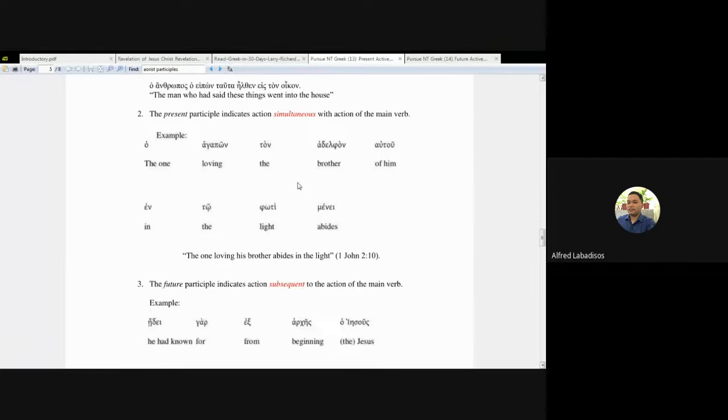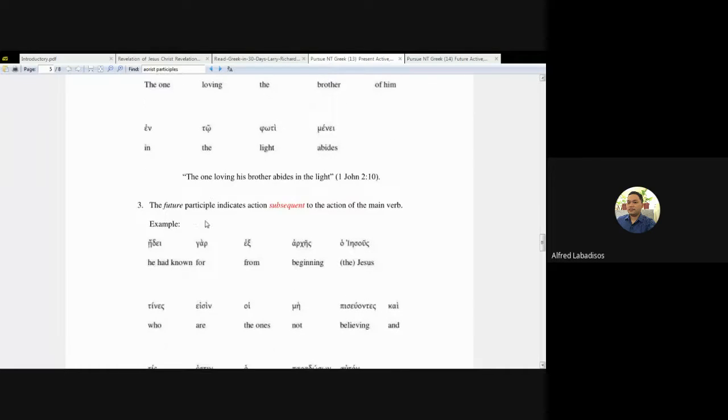Now, for the future participle, what is the relationship between the future participle and the main verb? The future participle indicates action subsequent. What is subsequent? It means after the action of the main verb.